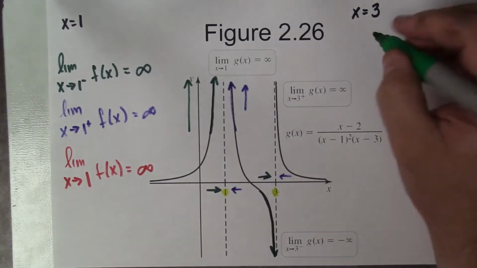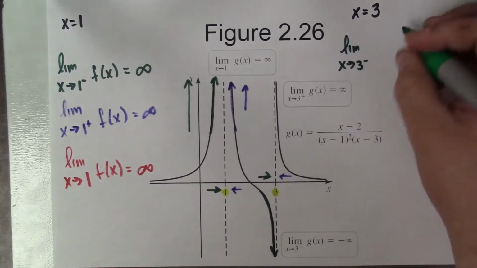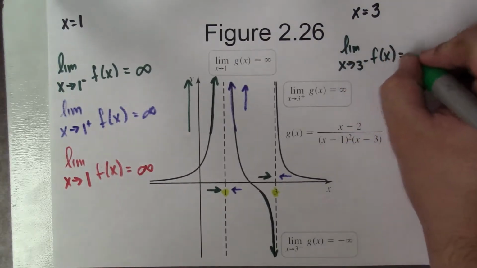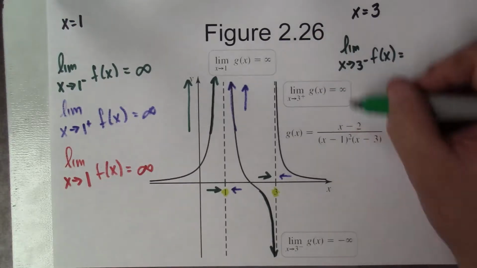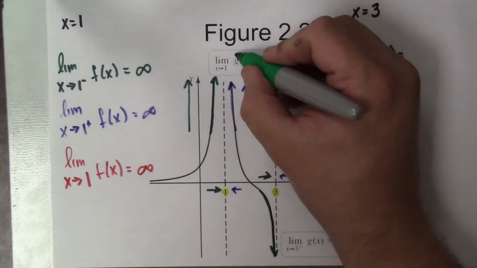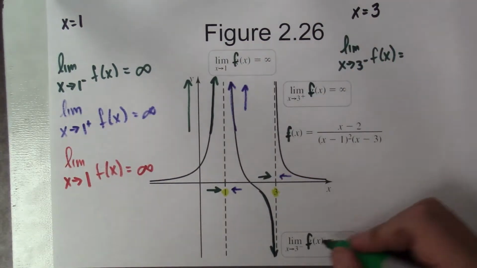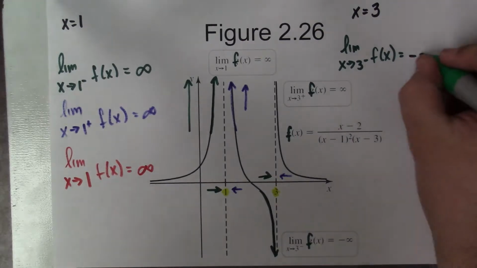That's blowing up in the negative direction, so I can say that the limit as x goes to 3 from the left of this function. I see now that everything on here is g. I apologize, so I'm just going to change all of their lettering. Well, it's negative infinity.